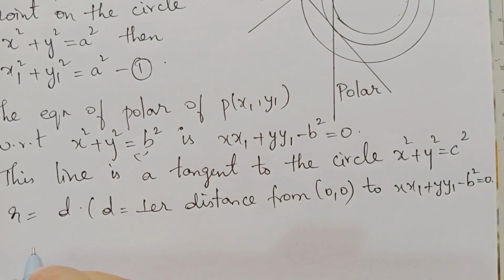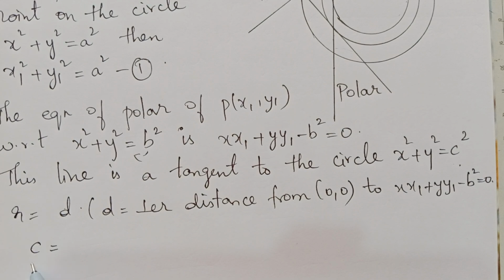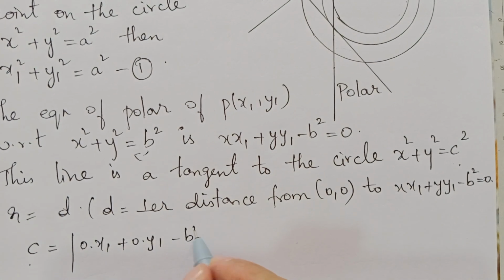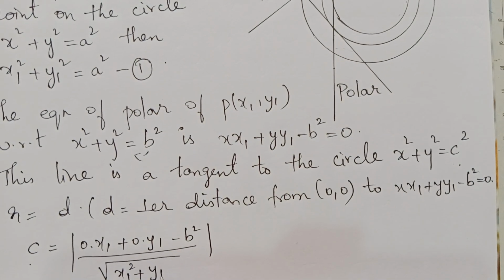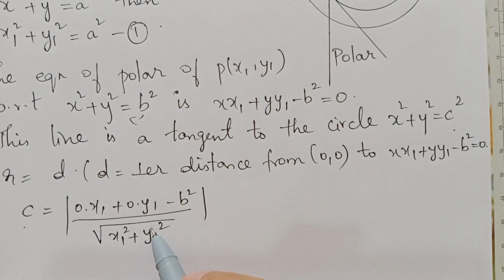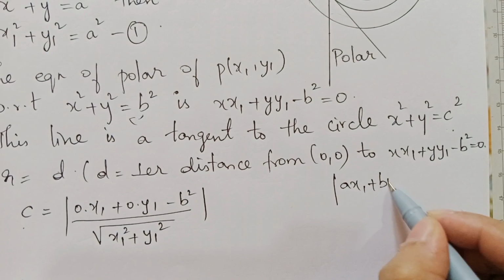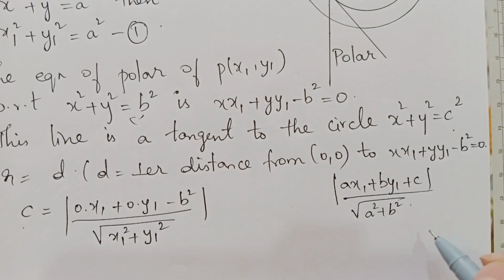So this can be written as: the third circle radius is c, r equals d, so c equals the mod of 0 into x1 plus 0 into y1 minus b square by root x1 square plus y1 square. This is the perpendicular distance formula. I hope you all know ax1 plus by1 plus c by root a square plus b square, right?